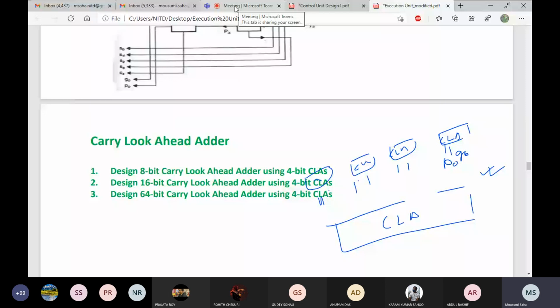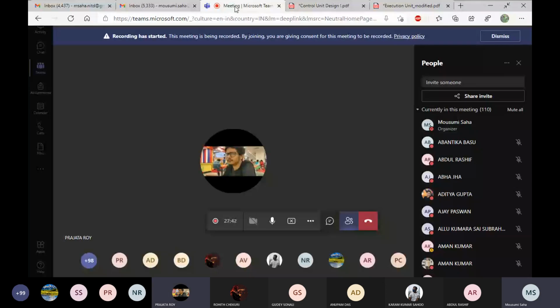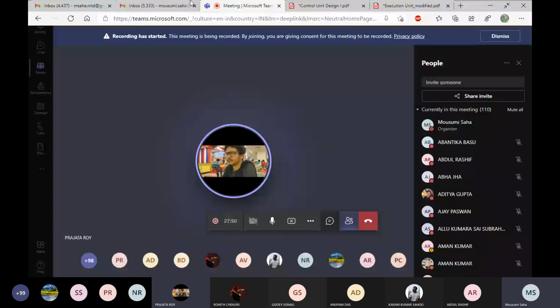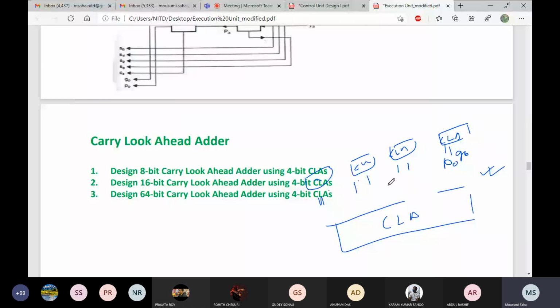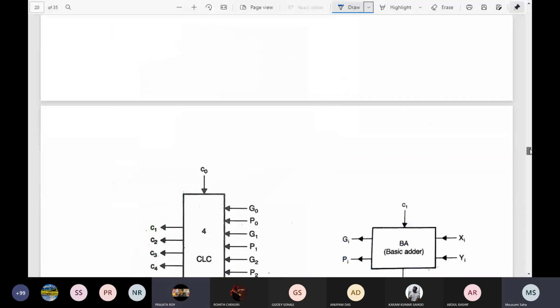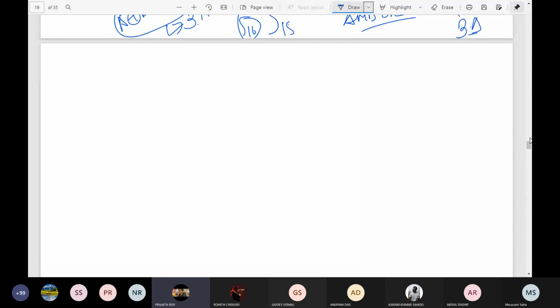Ma'am, could you send the last part of these notes from page 15, because we have slides till page 15 in the execution unit.